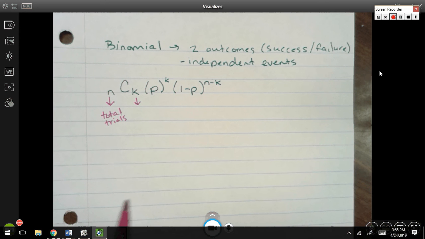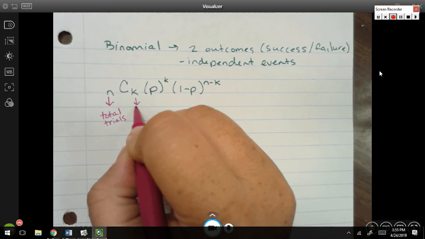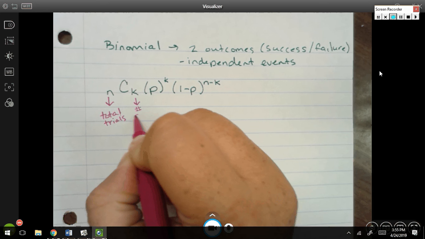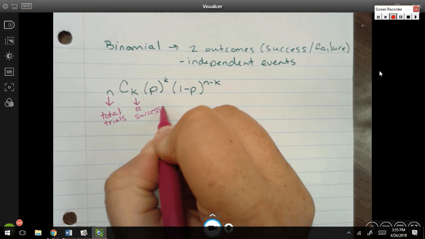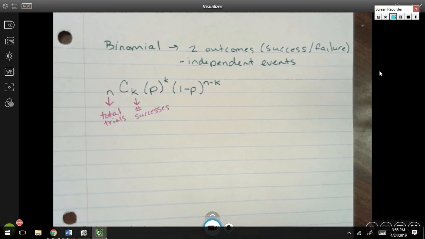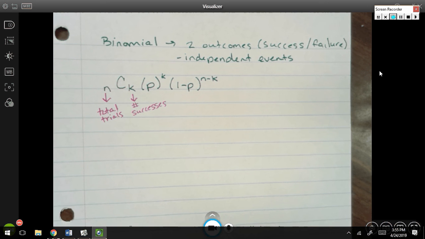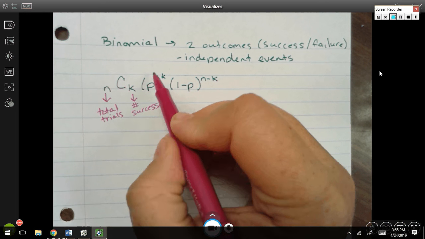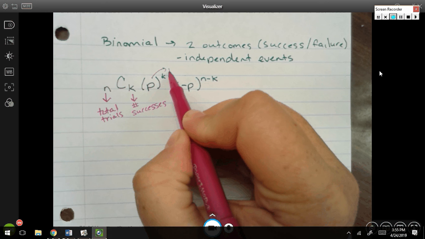K is going to be my number of successes that I want. Okay, so I want to know if I flip it 100 times, what's the probability that I get exactly 10 heads? So my k there would be 10. P is my probability of success.